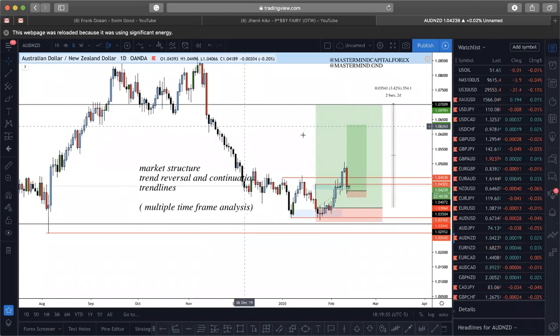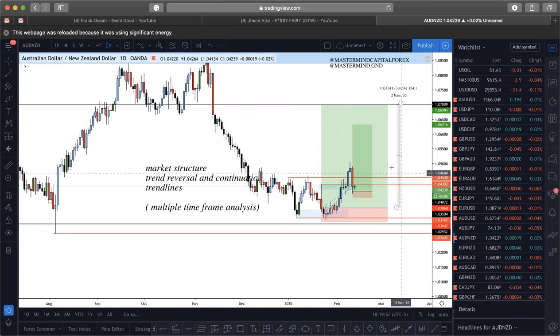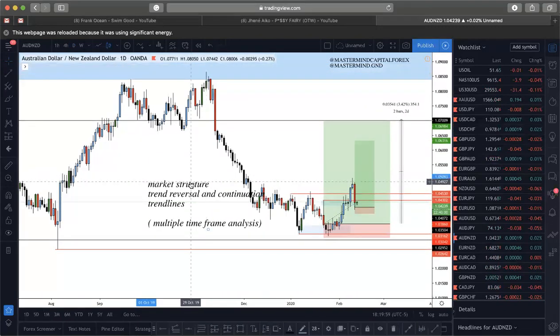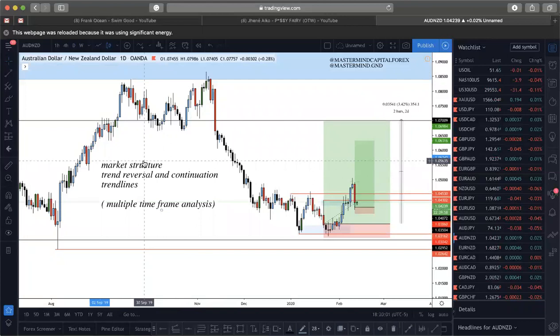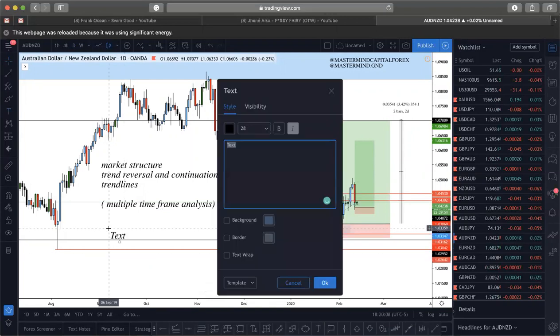Again, the reason why we learn these are called confluences, by the way. A confluence is basically a reason to enter a trade, right? So in trading, you have to learn the different confluences, the different reasons to enter a trade.